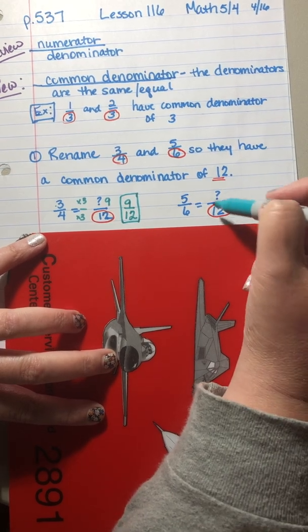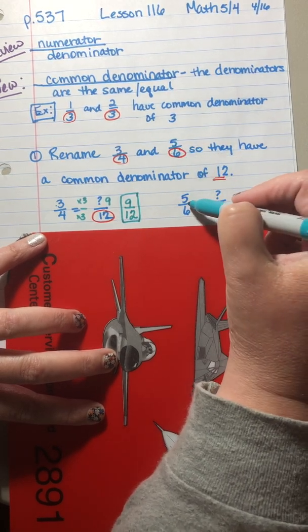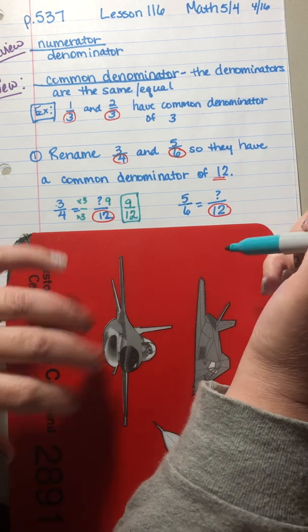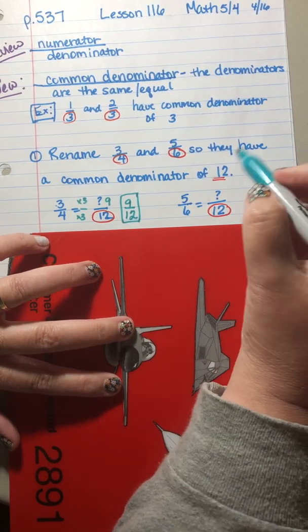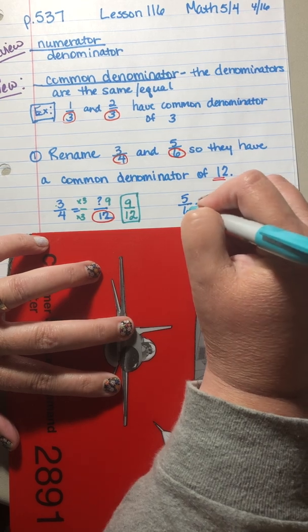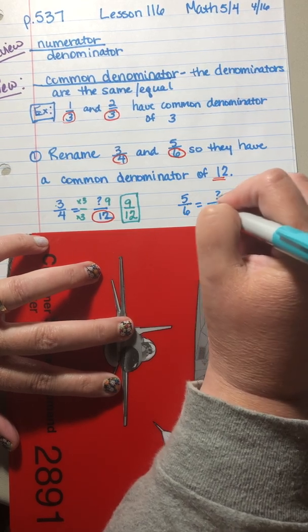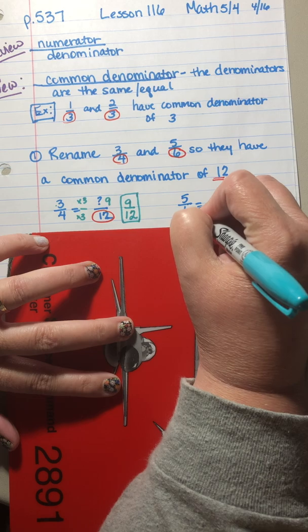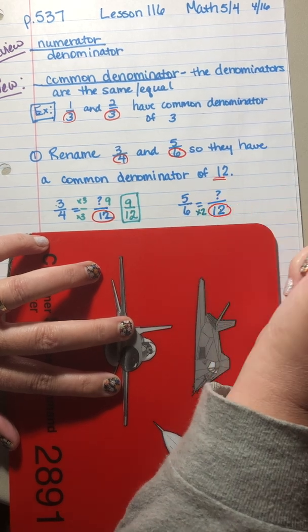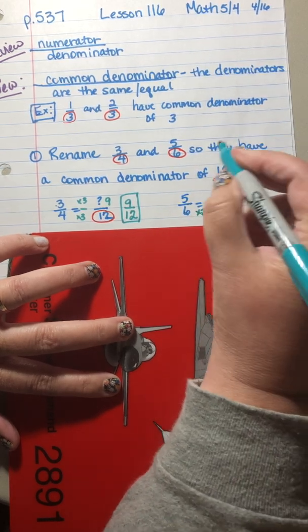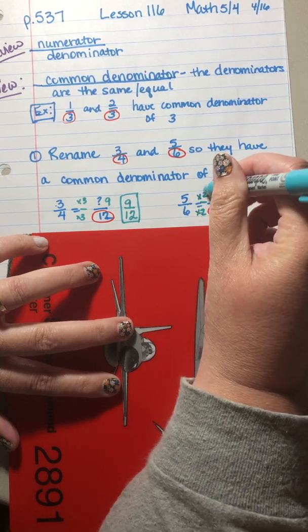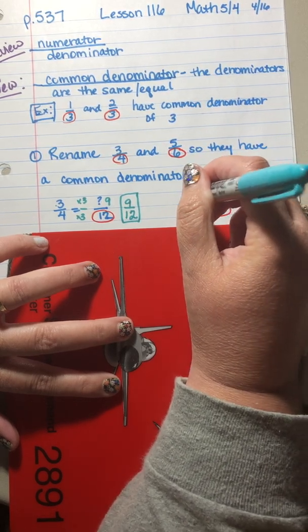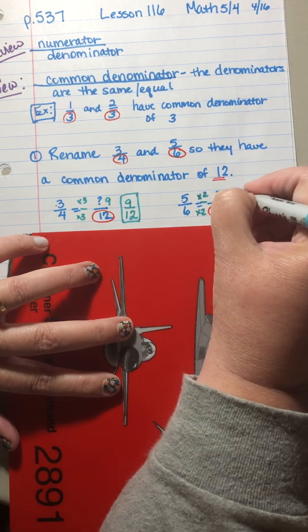Then I'm going to do the same thing. My original fraction is 5/6, and I'm going to rename it to something over 12. How do I get from 6 to 12? I multiply by 2, because 6 times 2 is 12, and I have to do the same thing to my numerator, so it will be 2 over 2. 5 times 2 is 10.